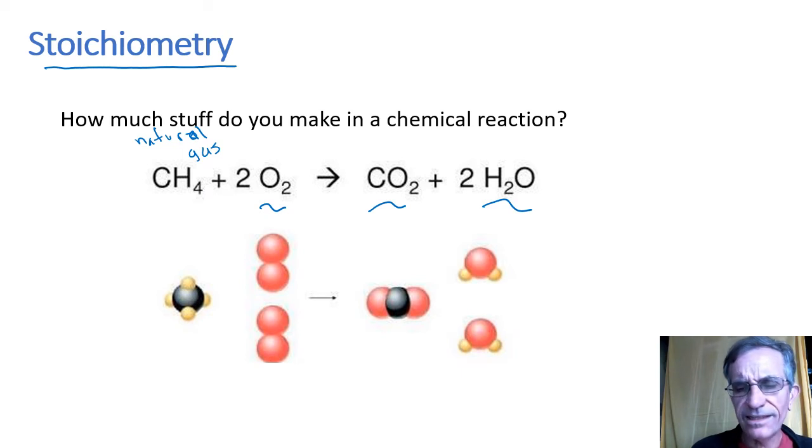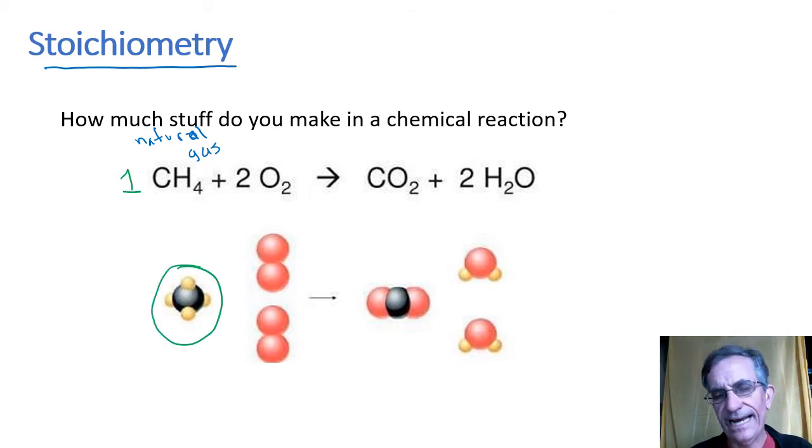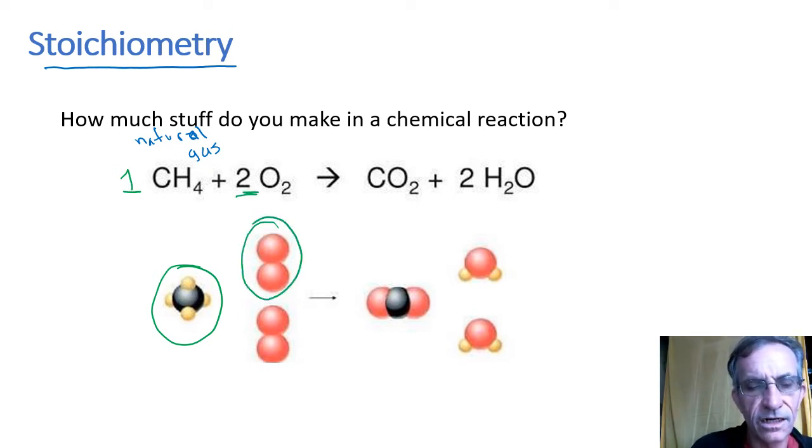Now, the important thing to look at is that when we do this reaction, the coefficients tell me how much stuff is involved in this reaction. Again, if you don't see anything, it's a 1. So when you burn, for example, 1 molecule of natural gas, it's going to react with 2 molecules of oxygen.